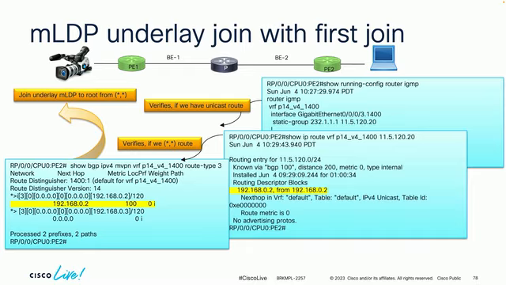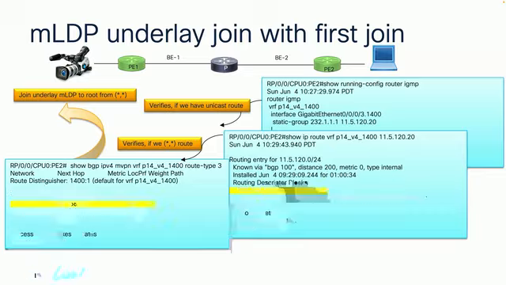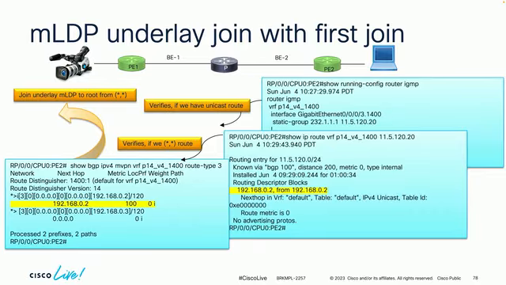And if it is capable of doing partitioned MDT, what is the FEC I have to use? So for this particular next hop, do I have any star entry in BGP? And if I have a star entry in BGP, what is the FEC value I have got? What is the TLV or opaque value I have received, or what is the ID I have received for the tree? What exactly do I need to join?